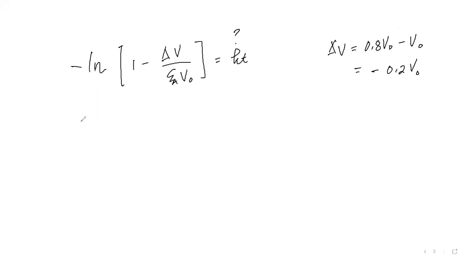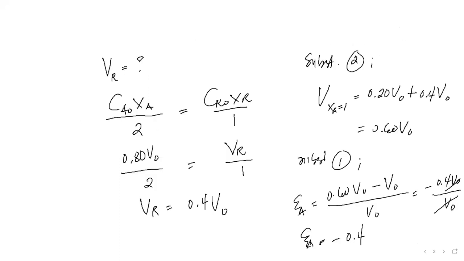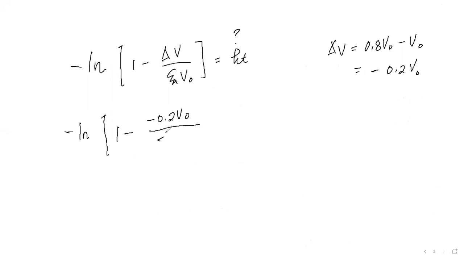You can go back here and substitute all the information that you already determined. So your delta V is negative 0.2 V sub O divided by the epsilon, which is negative 0.4, and you have V sub O. You have k.